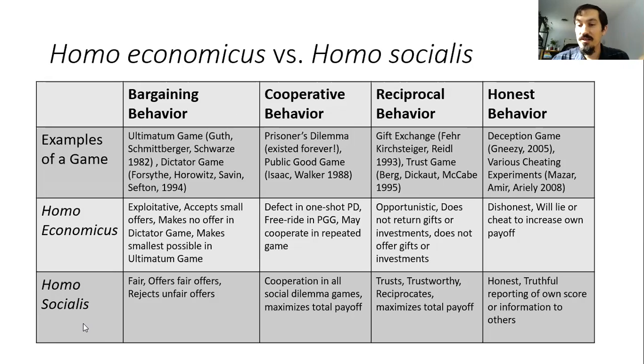The truth is, there's a spectrum to which how much we care about being fair and bargaining, or being cooperative, or being reciprocal, treating nice things with nice reciprocity, or being honest. We talked about honesty the previous class.